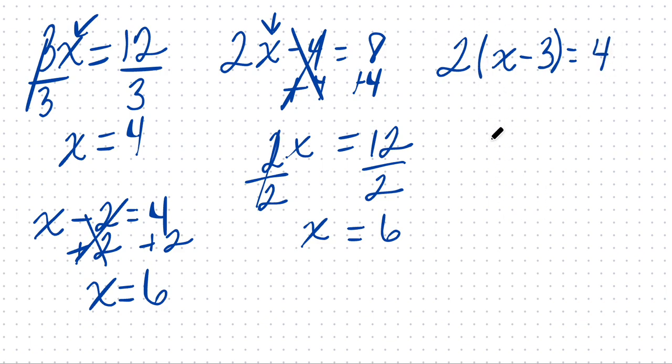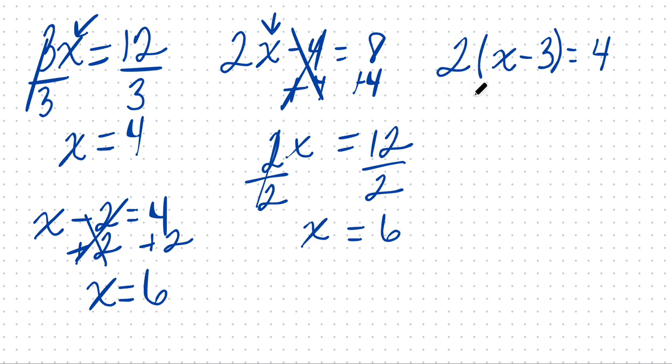I have 2 ways I can solve this. Now, again, if we think of order of operations: parentheses, exponents, multiplication, division left to right, addition and subtraction left to right. We do have a subtracted 3, but it's inside the parentheses, so I can't start there. So I want to start by getting rid of this 2.